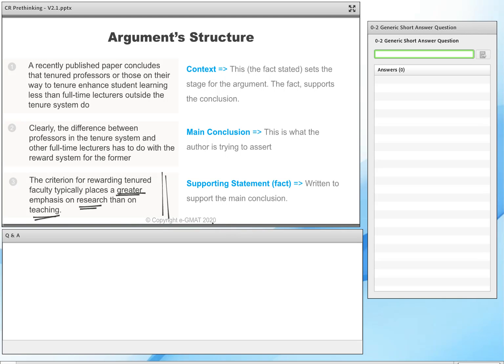What it's saying is maybe there's 70% emphasis on research, 30% on teaching. Okay, is that clear? Did anyone make a mistake while reading this argument to really say, hey, we're comparing the reward system for two entities? You can be truthful. And again, that's a learning to really say, I'm going to be slow. I'm going to visualize this. Okay, as I do this, because this is what's going to lead to a mistake if I don't visualize this.